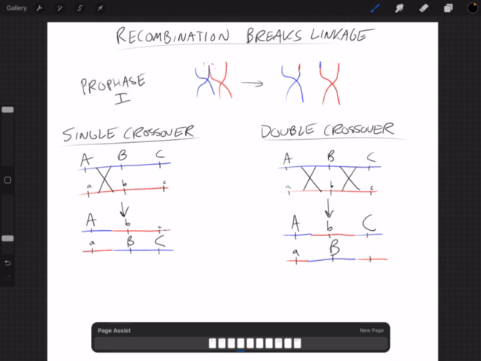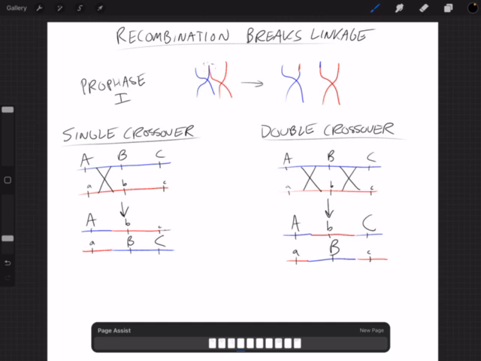Right, so we cut it, we swapped one side, and then we did it again and swapped the other side back over, right? It wasn't at the exact same spot. So you have this banding pattern where the gene in the middle is the only one that's different between the three genes shown here. Does that make sense?